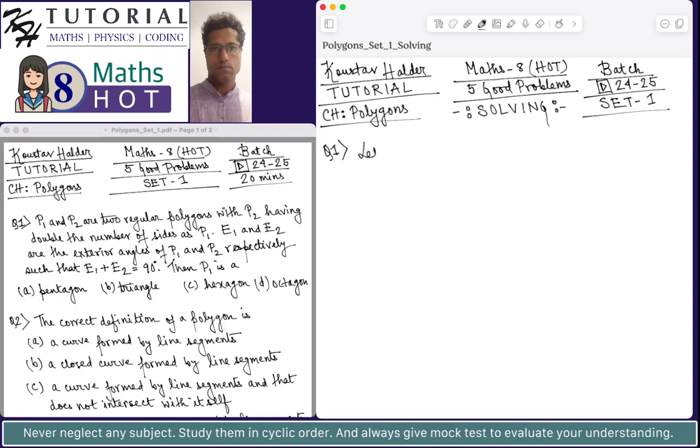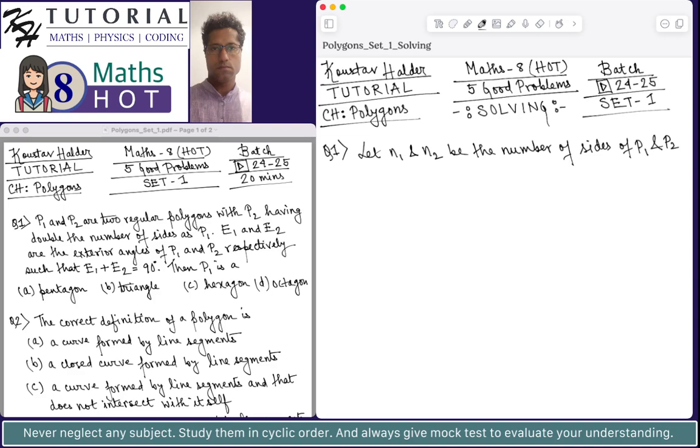So let N1 and N2 be the number of sides of P1 and P2 respectively.